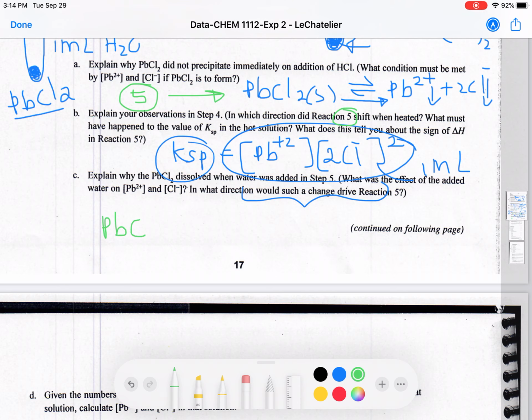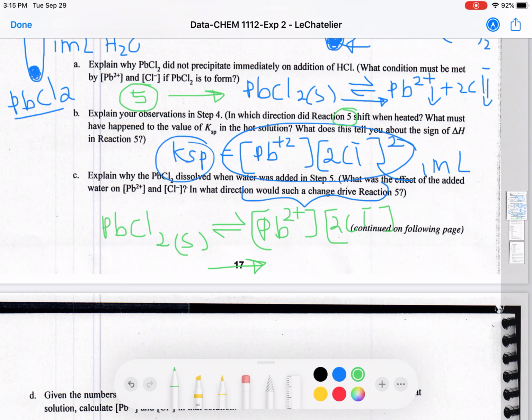We have PbCl2, which is a solid, and this is in equilibrium with lead ions, Pb2 plus, and 2Cl minus. So you heat it. As you heat, you made more of the lead ions and the chloride ions. It went in this direction. That was visually what we observed.